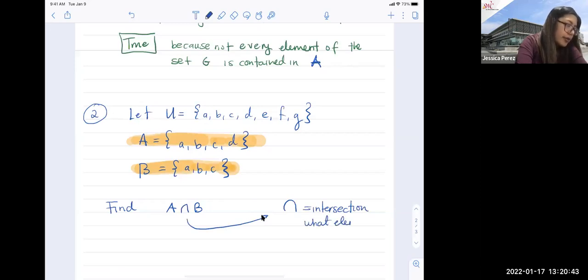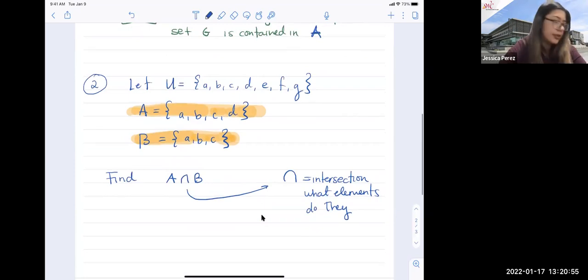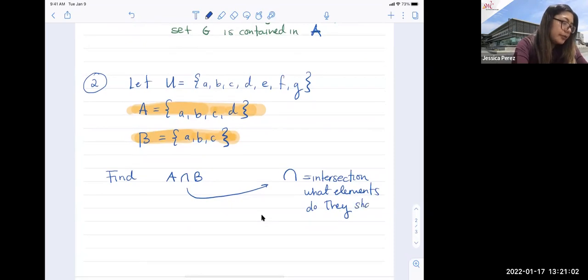What elements do they have in common? They can be numbers, variables, letters. Remember, anything inside are called elements. So intersection, this symbol means intersection. What elements do they share? That's what I'm looking for here.